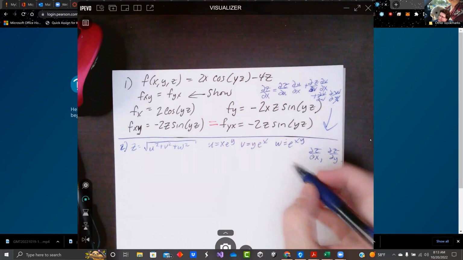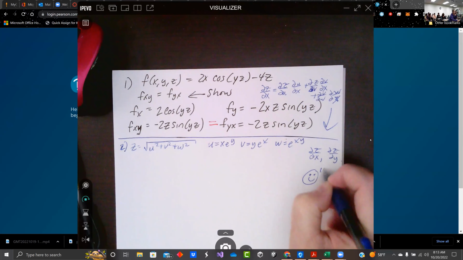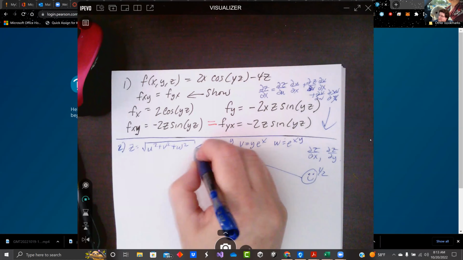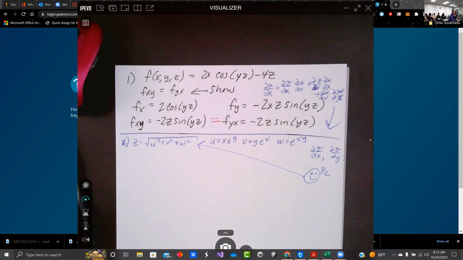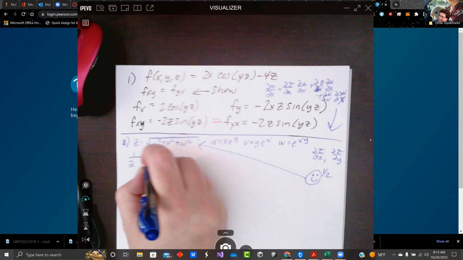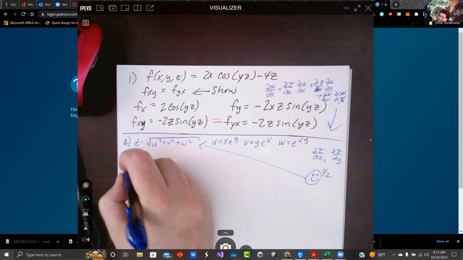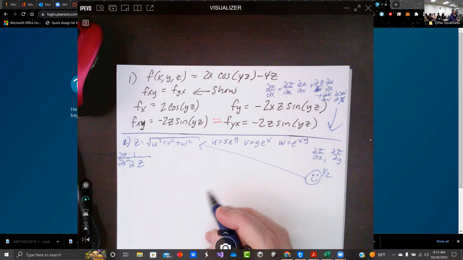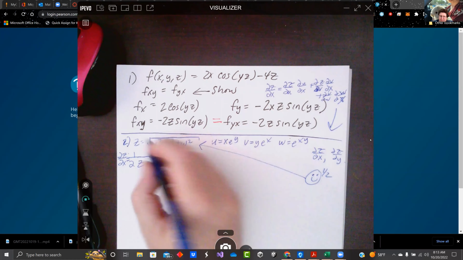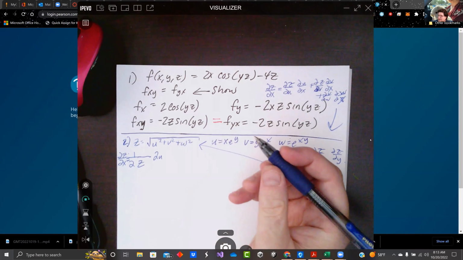We've got 1/2, and then effectively I've got z again on the bottom, don't I? dz du equals 1/2z, and then I've got the derivative of this with respect to u, so 2u.